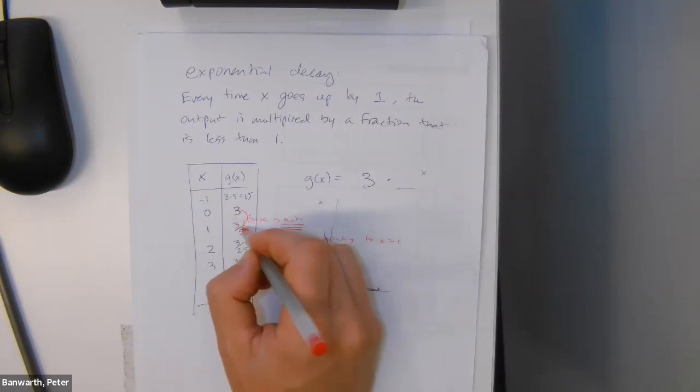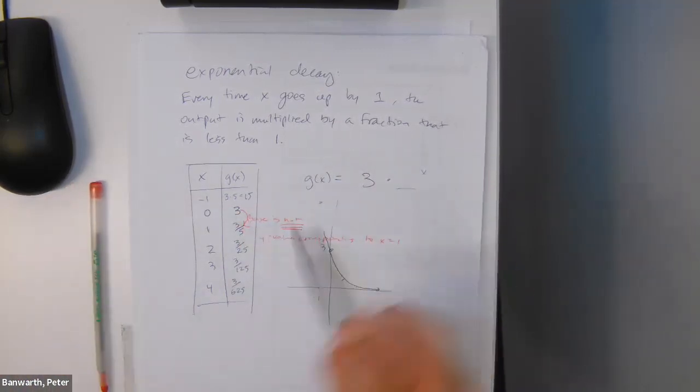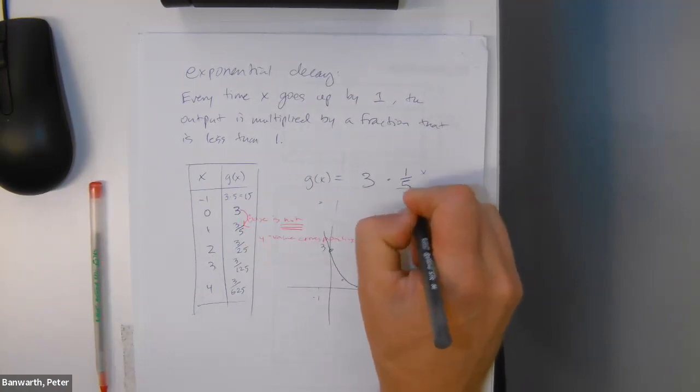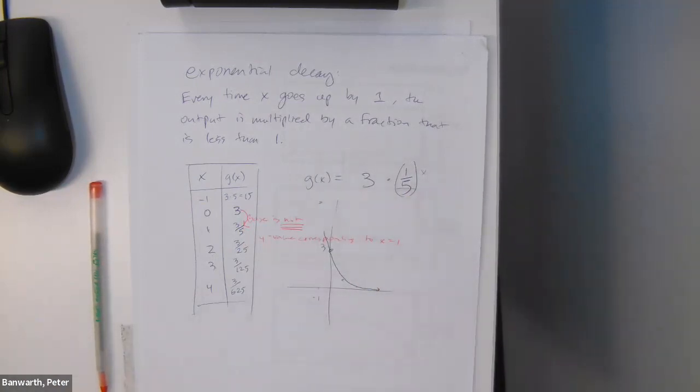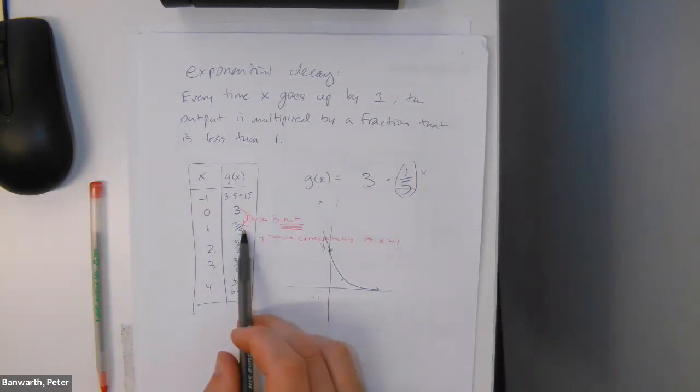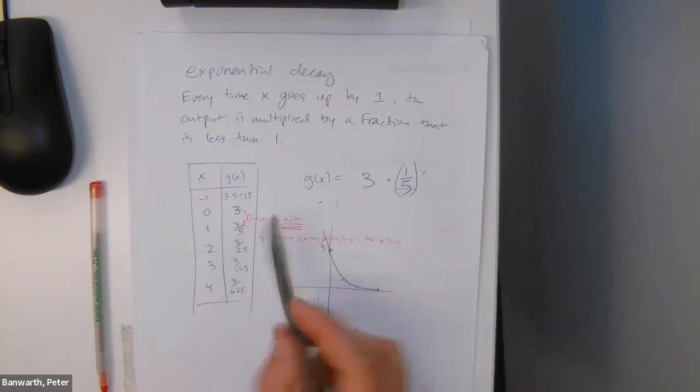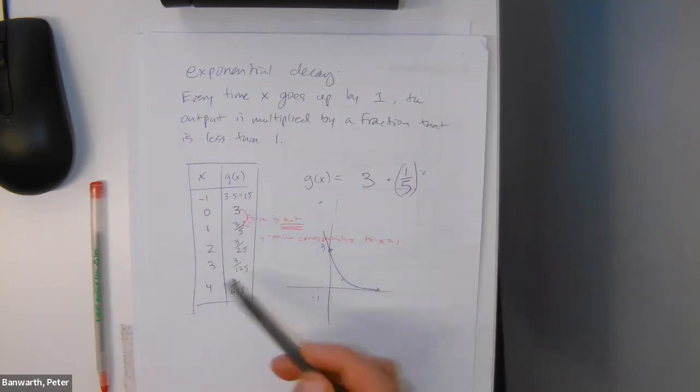So 3 going to 3/5 is multiplied by 1/5. And that's a good time to use parentheses, so you know you're raising that whole 1/5 to the x. The base is whatever the multiplication change is from 0 to 1, or from 1 to 2.